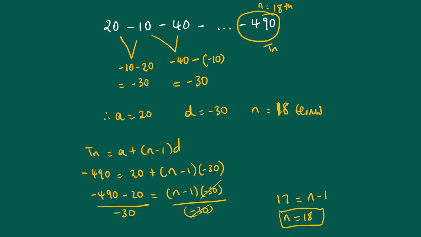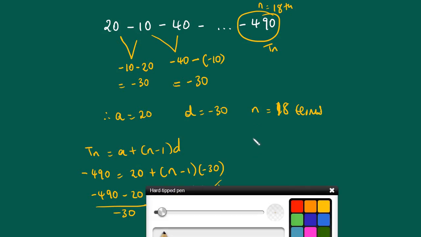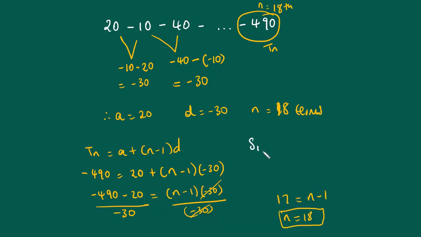Then from there you can go to the sum formula. So remember, now you can say the sum of 18 terms would be equal to 18 over 2. The first term is 20, the last term is negative 490.